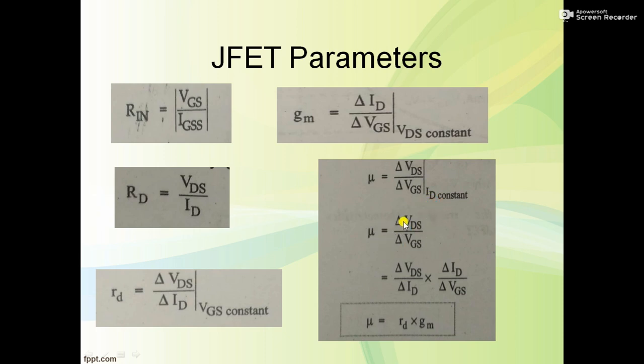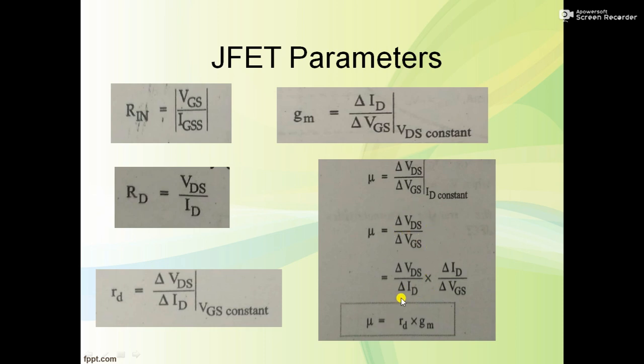This factor is equal to delta VDS divided by delta VGS, which is delta VDS divided by delta ID, into delta ID divided by delta VGS. We are taking delta ID in both numerator and denominator; if both delta ID get cancelled, we get the initial equation.